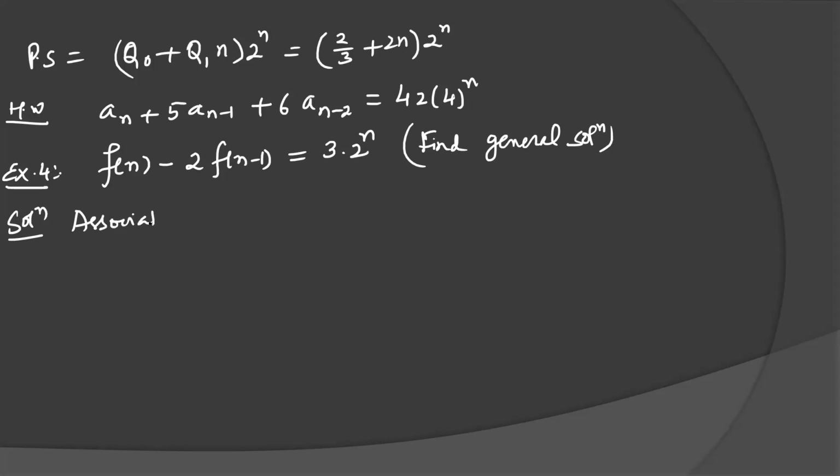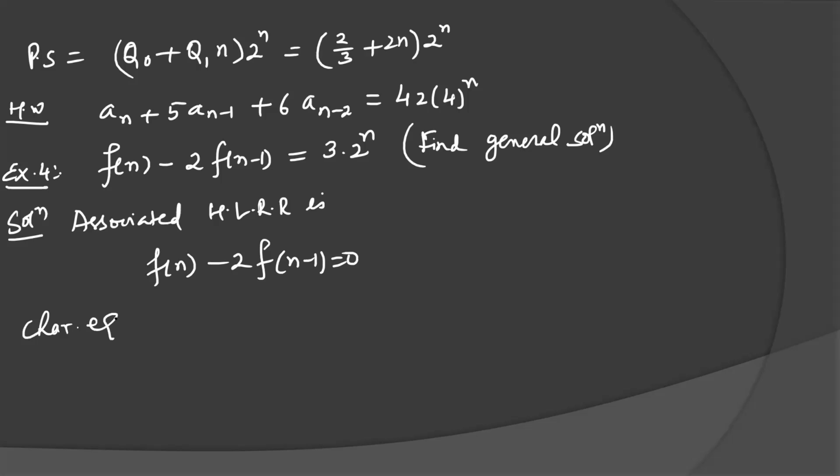The associated homogeneous linear recurrence relation is Fn minus 2 Fn minus 1 equal to 0. So the characteristic equation will be R minus 2 equal to 0. You can see that Fn equal to R to the power n, minus 2 R to the power n minus 1, divided by R to the power n minus 1. So R equal to 2.